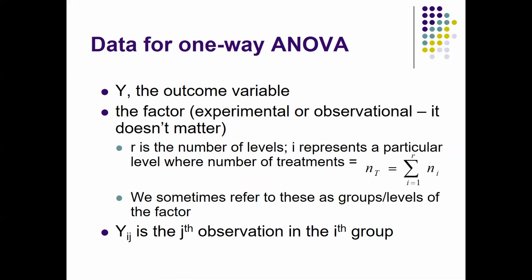So again, Y is the outcome variable. Let r be the number of levels, right? So in a lot of situations, the number of observations in each level can be unique. So you have as many as you want.